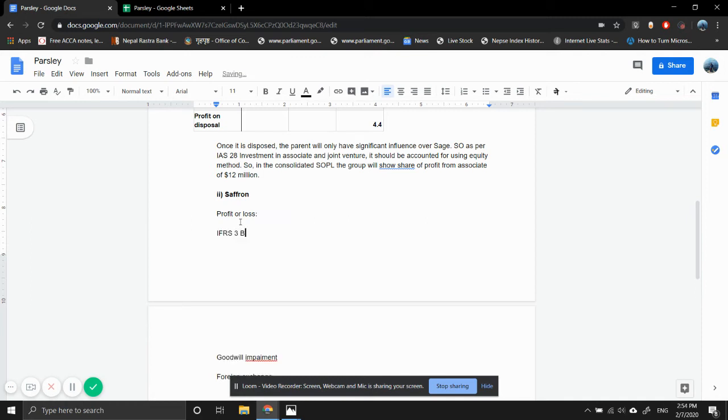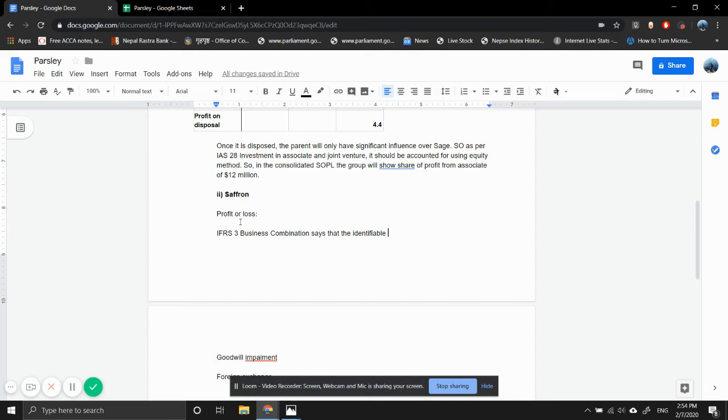IFRS 3 Business Combination says that the net assets, identifiable net assets. What is identifiable? If it is separable, and if it arises out of contractual or legal rights.